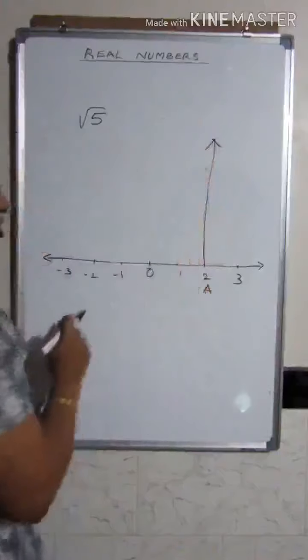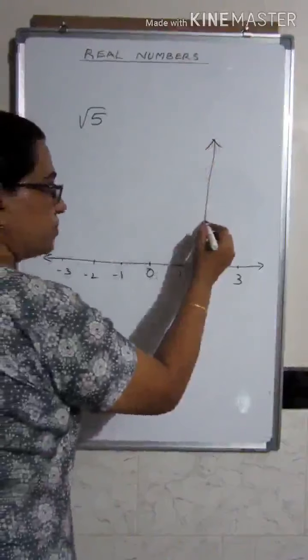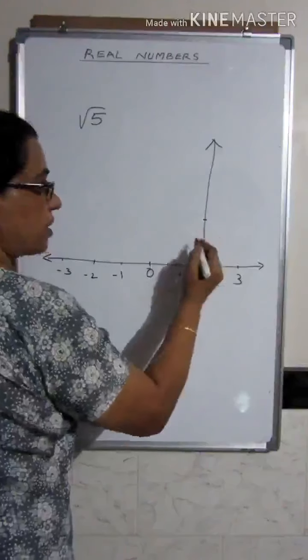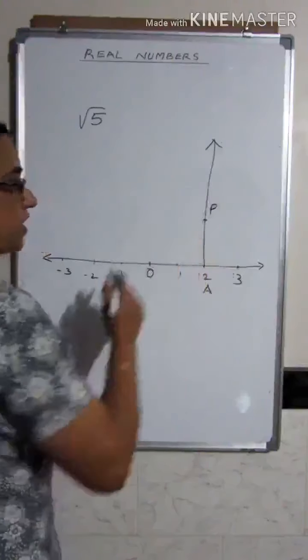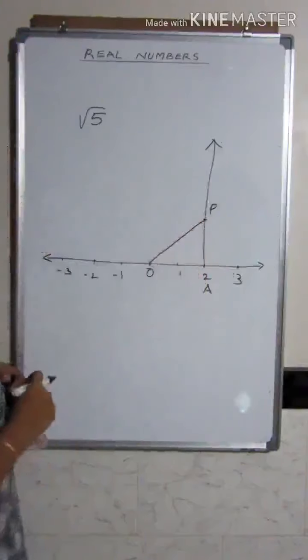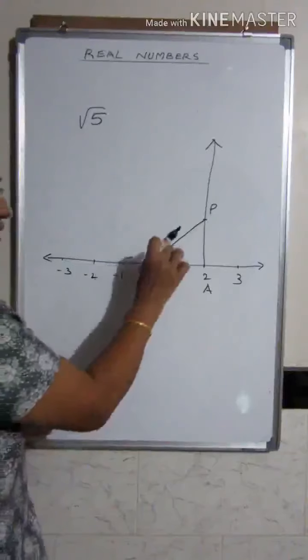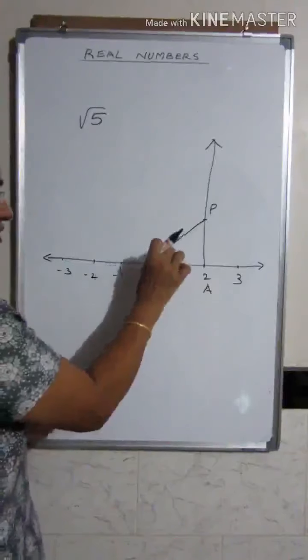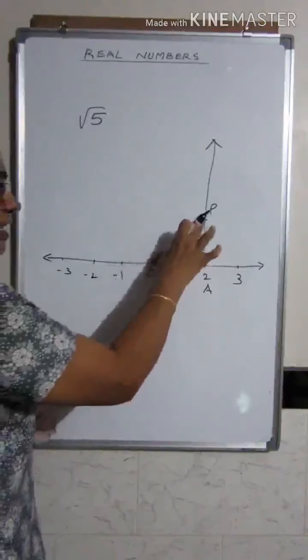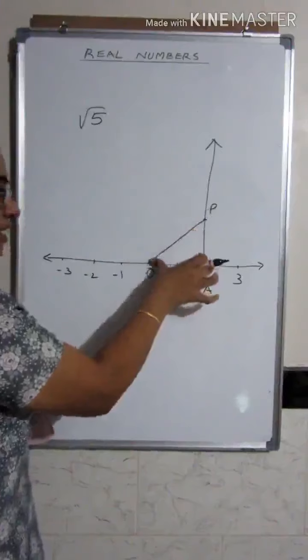On this perpendicular, measure 1 centimeter and mark the point P. Now join OP. Next, using your compass, keeping it at the point O, taking a radius of OP, cut an arc at the side.